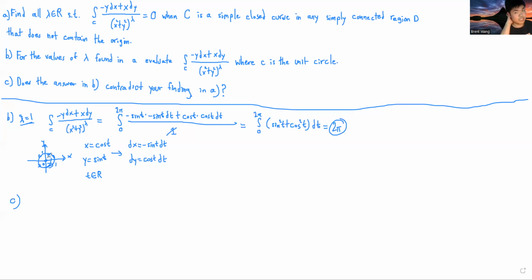So Green's theorem does not apply for part B. So this is not a contradiction since we're in two different scenarios. Since part B does not involve Green's theorem, this is not a contradiction.